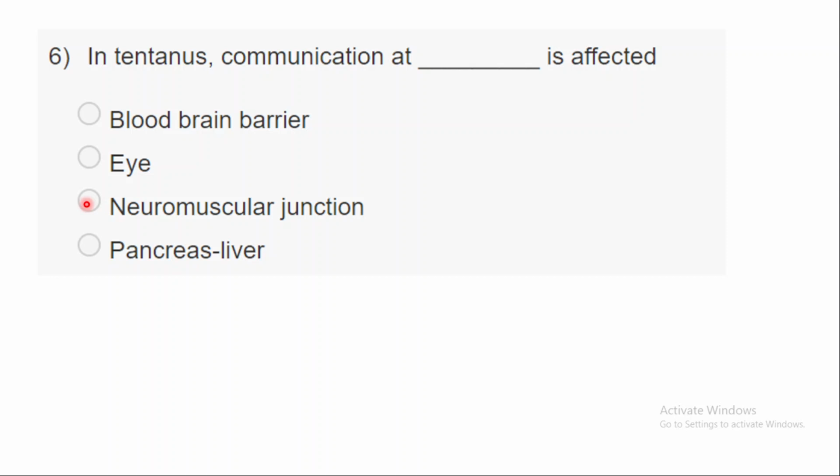This was one of the first injections that we used to take. I don't know about others, but I have taken it. At that time, I didn't even know what tetanus was and why a doctor was running behind me with a syringe. But it's a deadly disease, and that's the hint for what communication is blocked.